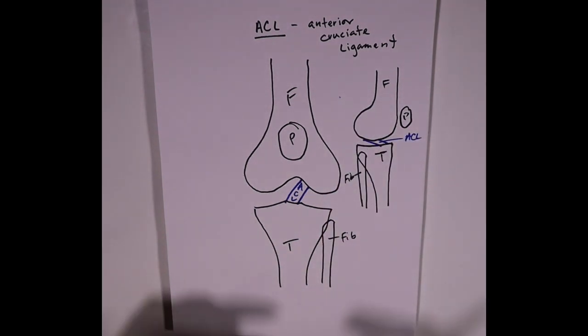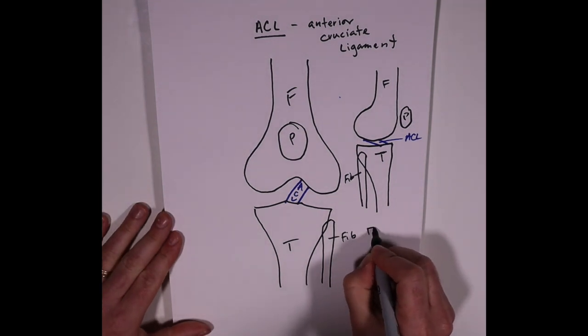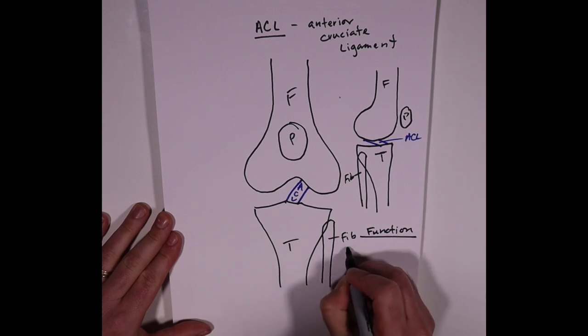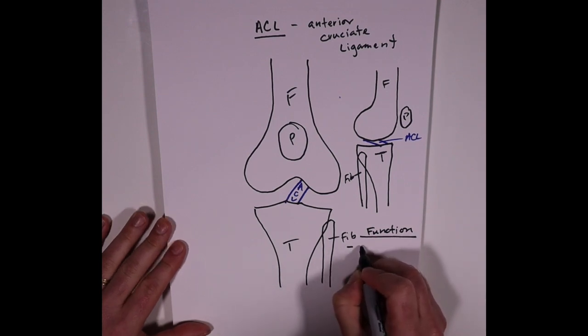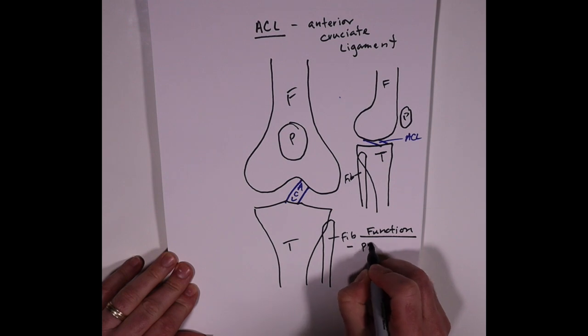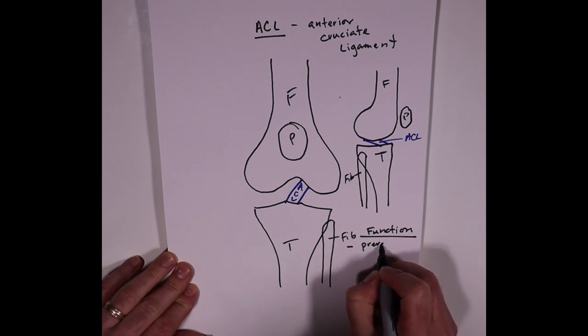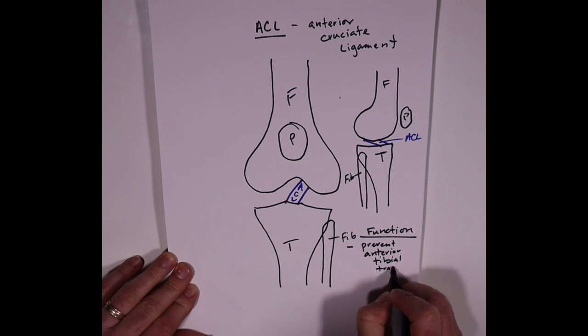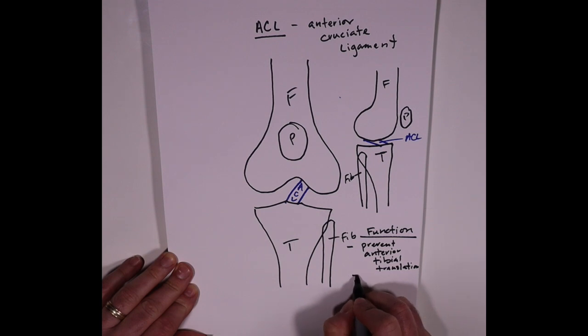So its functions are to prevent anterior tibial translation, and it also has some rotational stability properties.